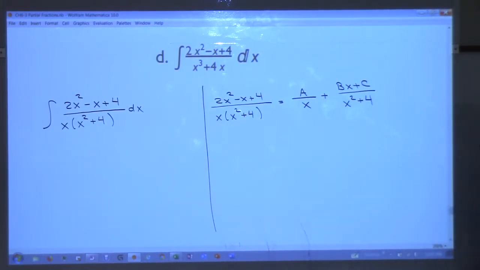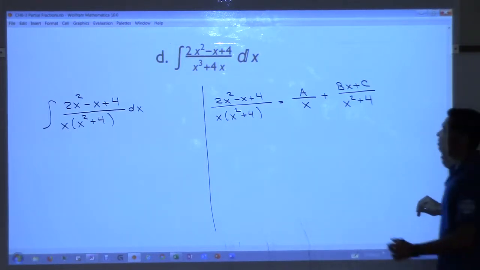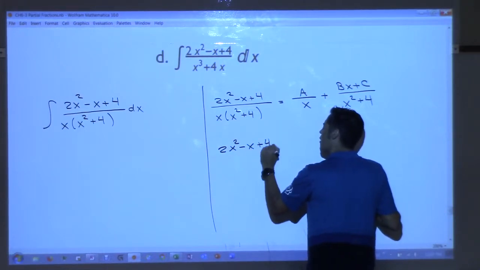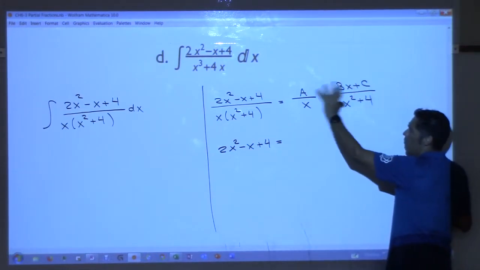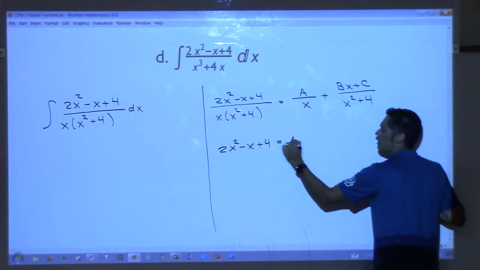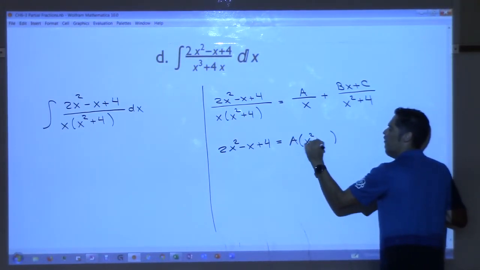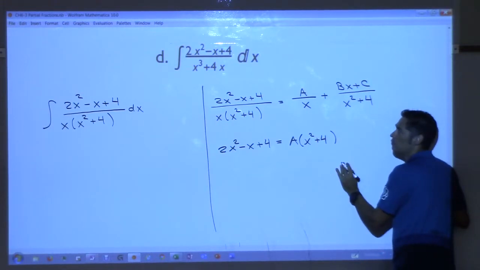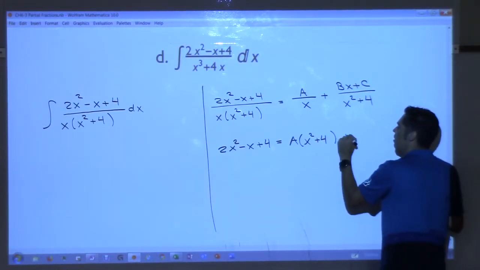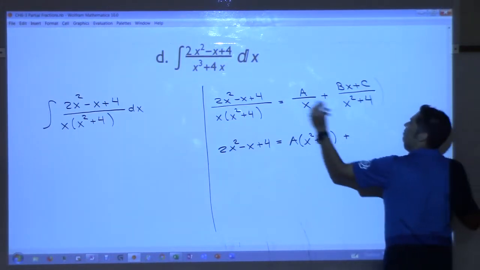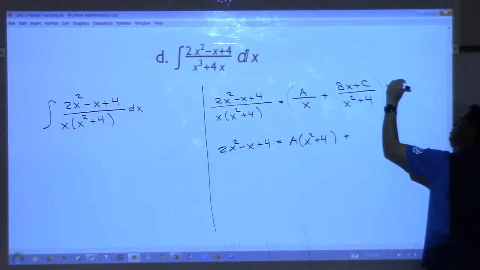Now we clear fractions again. The left side becomes 2x squared minus x plus 4. When you multiply through, you're going to have A times x squared plus 4, and then plus, be careful on this one, because I multiplied through by x times x squared plus 4.